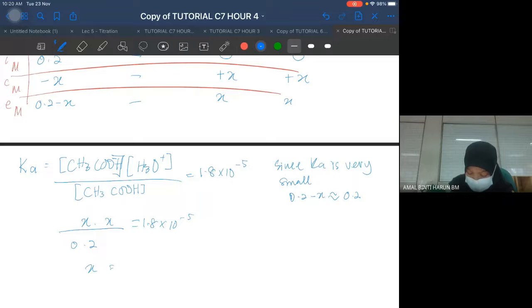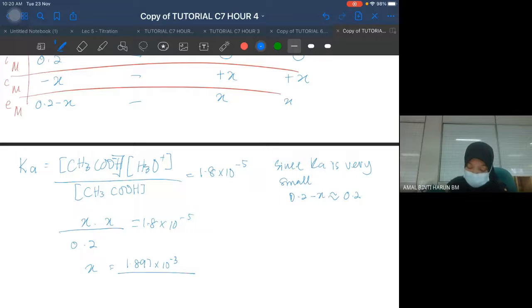So value of x will be 1.897 exponent negative 3.